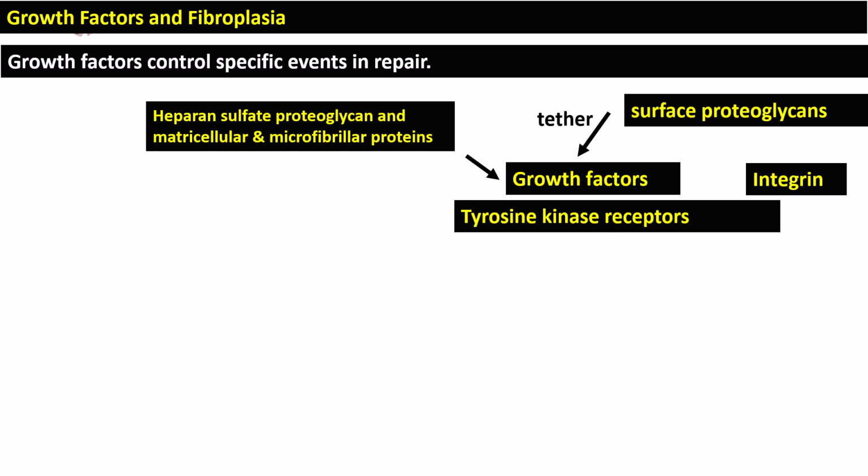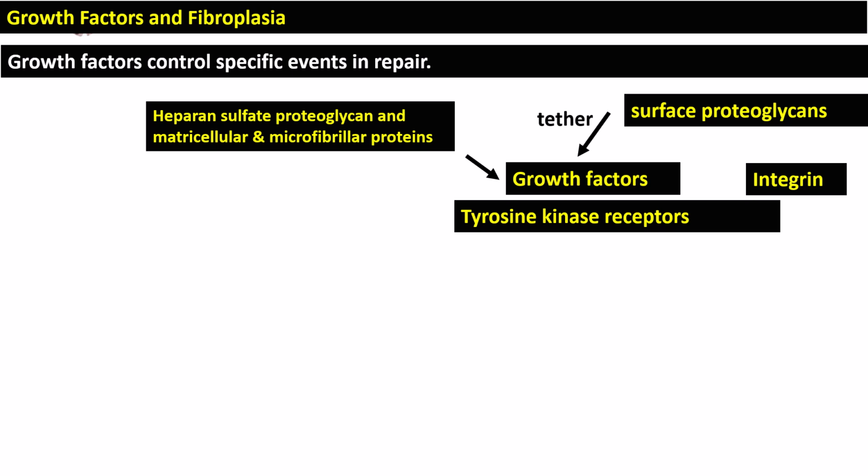They target multiple processes together. One growth factor may target multiple processes within the healing process. So the balance of signal and matrix stability ultimately limits excessive scarring and converts granulation tissue into scar tissue.